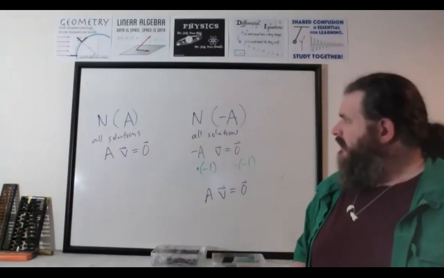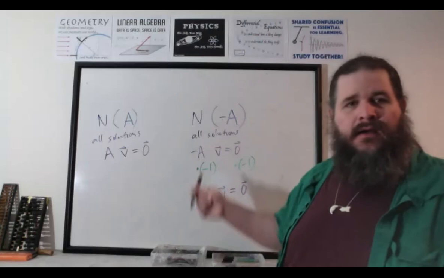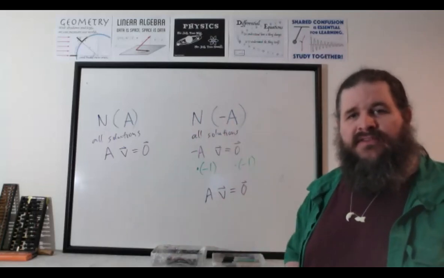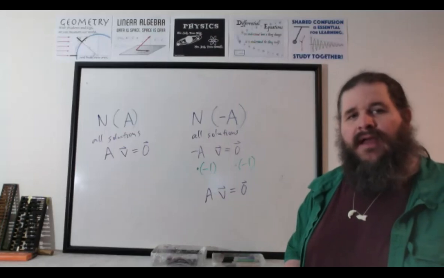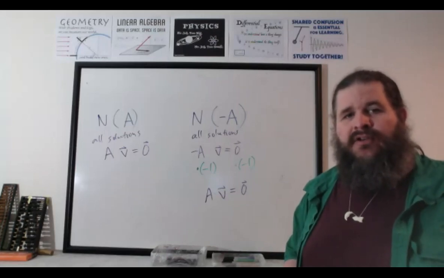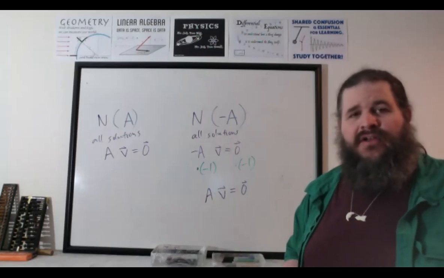In fact, again, I think any scalar multiplier will have this effect. If we had a times 1,000 here, the null space of 1,000 times A is still going to be the same as the null space of A. The times 1,000 doesn't change whether the result is 0 or not, because 0 times 1,000 is still 0, and something that's not 0 times 1,000 is still not 0.